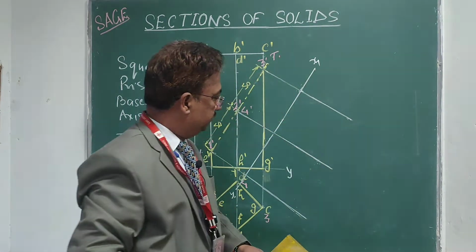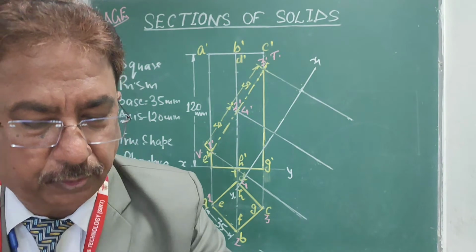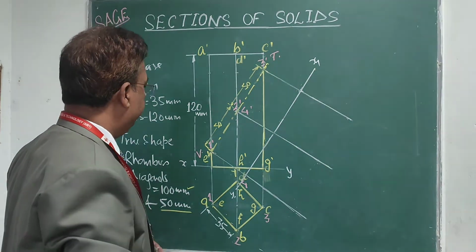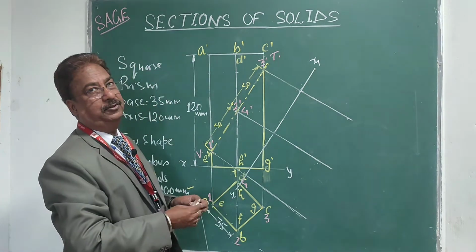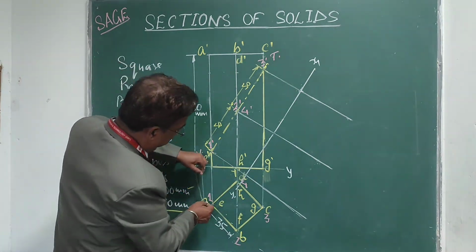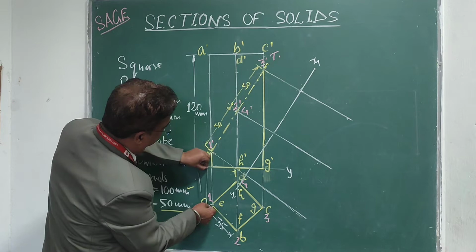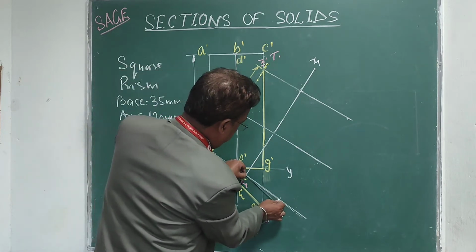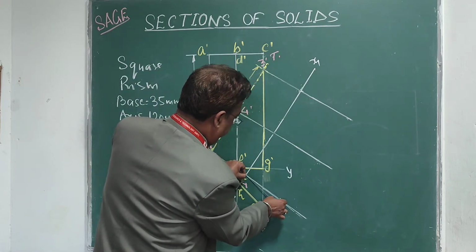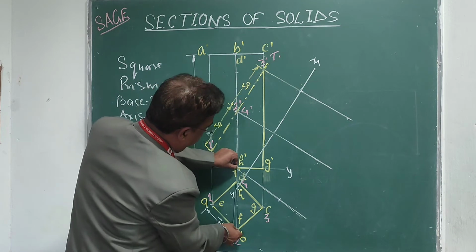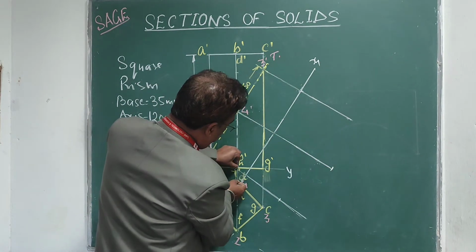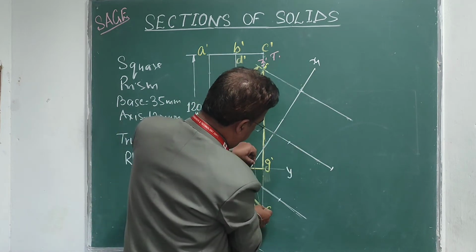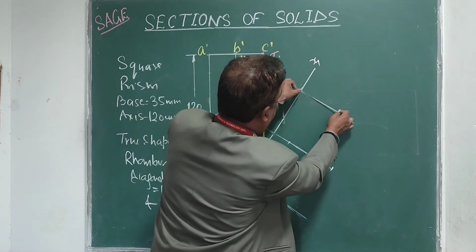Now I will pick the distances from the top view. For the true shape, you know that the distance of the new top view from the new reference line is the distance of the old top view from the old reference line. So this will be the distance of 1. I will pick it from here and mark it on this, that will be point 1. Same way 2 on this, 4 on the same line, and 3 on this line.